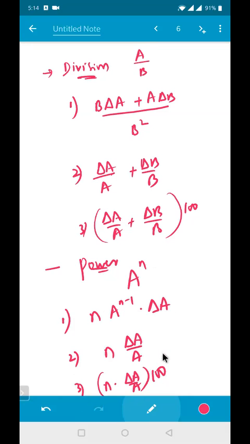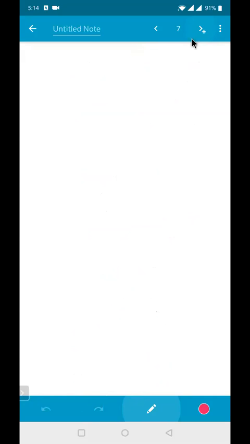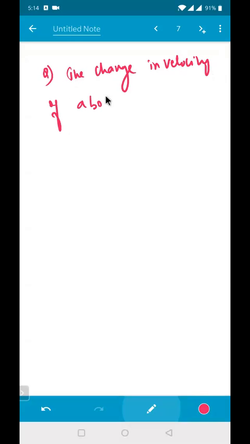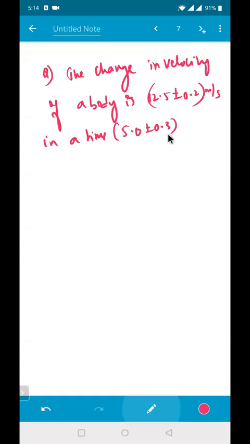So these are some of the formulas which you need to remember for doing numerical questions better. Like for example, if I give you a small question for this one: the change in velocity of a body is 12.5 plus or minus 0.2 meter per second, in a time of 5.0 plus or minus 0.3 seconds.